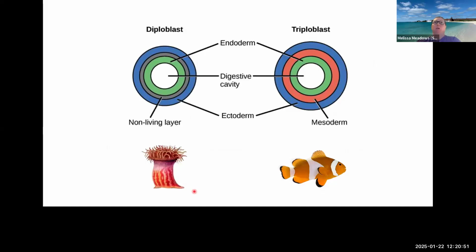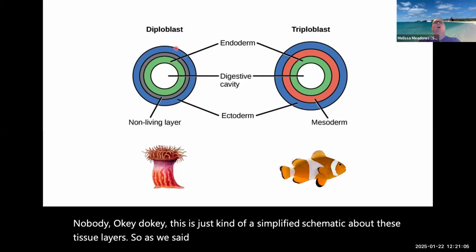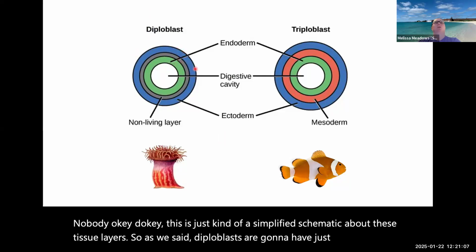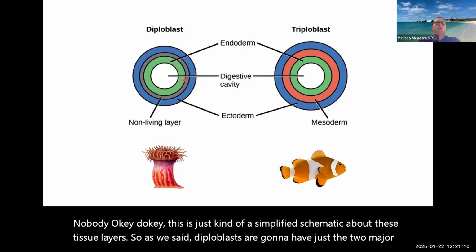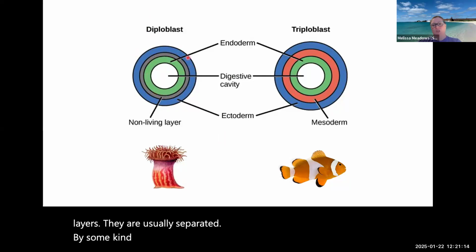Okie dokie. This is just kind of a simplified schematic about these tissue layers. So as we said, diploblasts are going to have just the two major layers. They are usually separated by some kind of non-living jelly stuff.